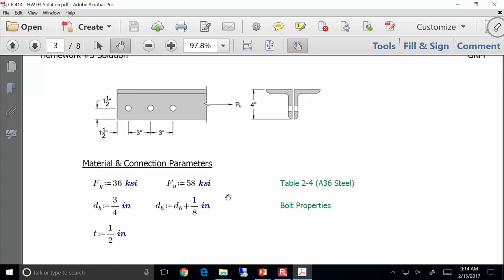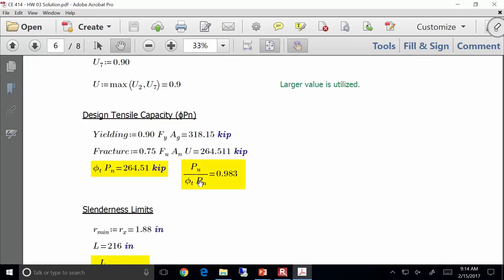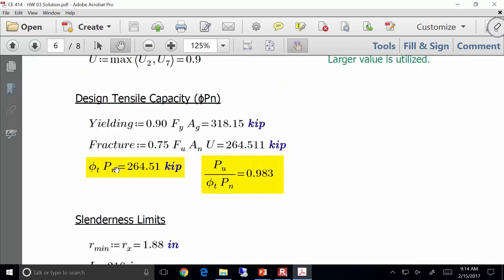That's a good question. Usually what I do is this. For capacity, like kips, like V or P in so many kips, I usually keep it simple and just say round to the nearest 1/10 of a kip. So if you go in, let's say, like right here, I have this reported as 264.51, but I'd have been fine with 264.5.